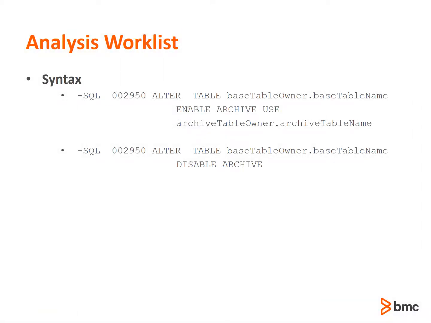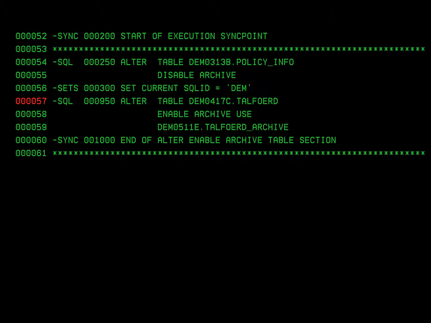Here is the syntax to enable an archive table and to disable an archive table. Here's an example of an analysis work list with an alter to disable an archive and an alter to enable an archive.